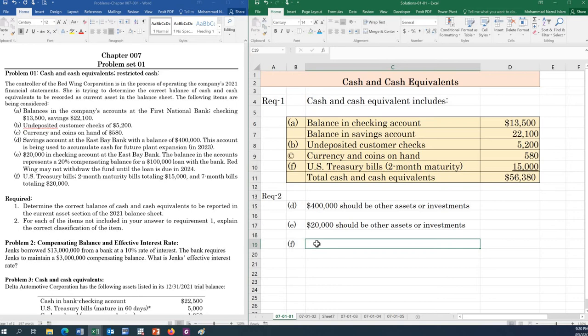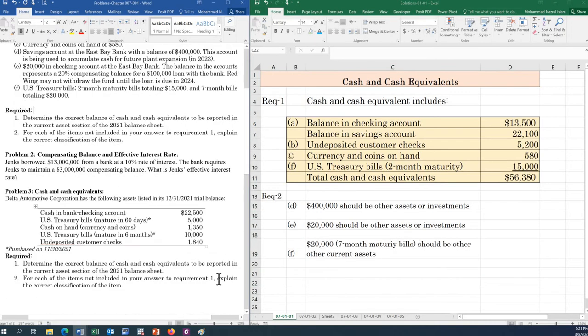The 20,000 of 7-month maturity bills should be other current assets, meaning this is not a cash or cash equivalent, correct? Okay, let's go to number 2.